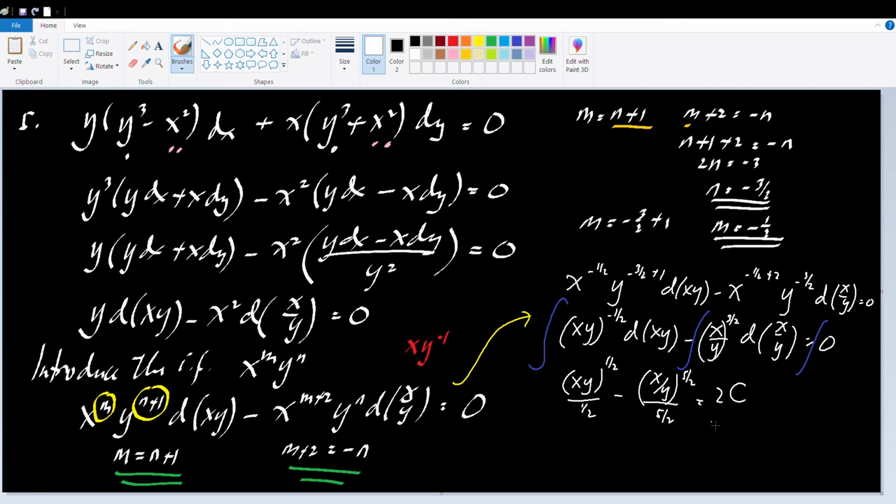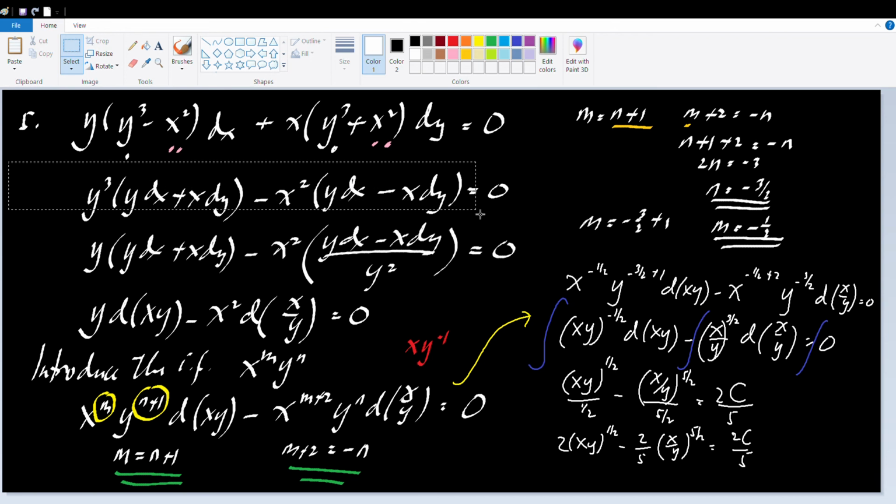Make it 2c. Okay, so this will become 2xy to the 1/2 minus 2 over 5. Okay, let me make it 2c over 5. So 2 over 5 x over y to the 5 halves equal to 2c over 5.